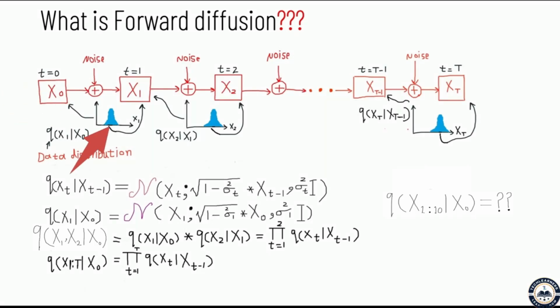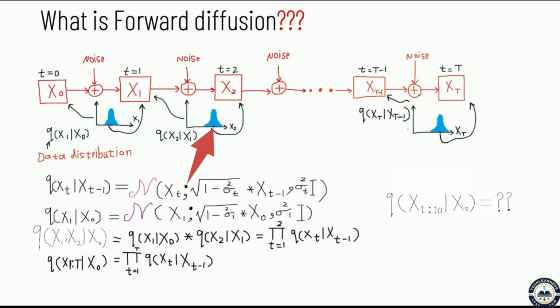And we will use this distribution to get the value of x1 variable at time step 1. And we can represent this distribution by q of x1 given x0. Now let's say that we took the value of x1 variable from this distribution. Now we will add Gaussian noise to this value and we will get this distribution here.